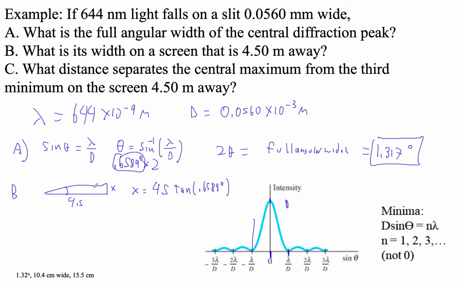And then I have to double that, because I need to use a right triangle for tangent. Okay, so 4.5 tangent of that angle is X, 0.05175. Then if I multiply it by 2, I'll get the full width, because I just figured out this distance, but I need to go from this side to this side.